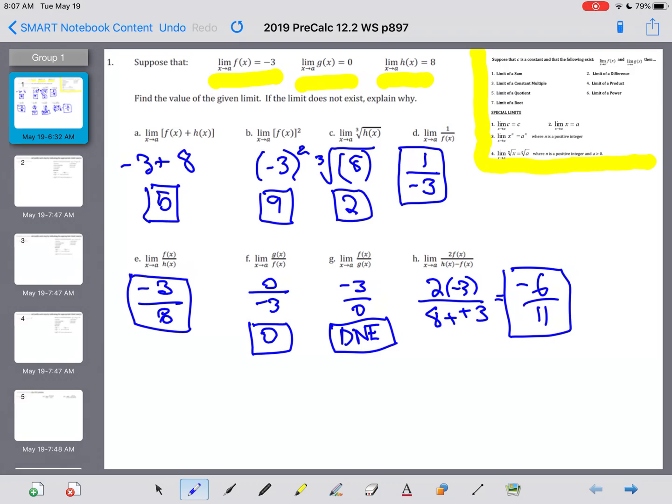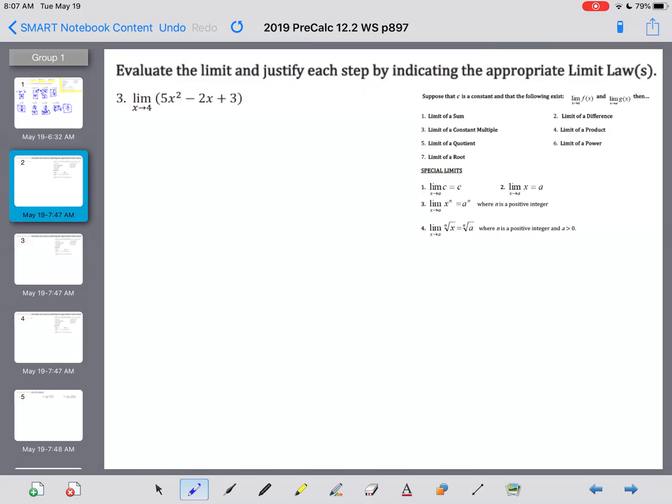The next three have a little more documentation of our steps. So again, we're supposed to evaluate the limit and justify each step by indicating the appropriate limit law or laws. And again, we're going to use the number system here instead of writing out their names.